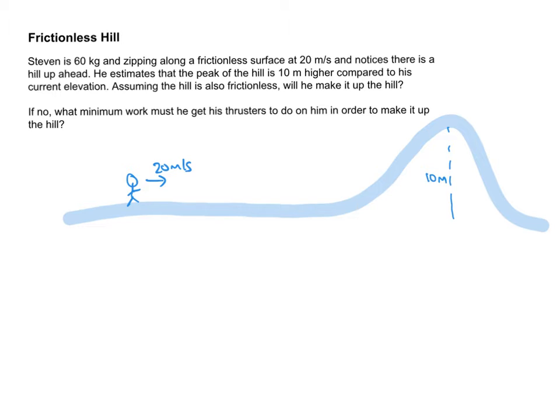Essentially that means, does he have enough kinetic energy right now to match up with the amount of gravitational potential energy he would need at the top of the hill? I'm going to set my reference height to where Steven is now. This is going to be my reference level.